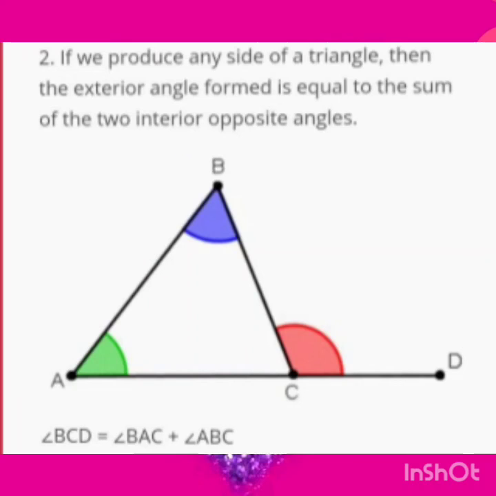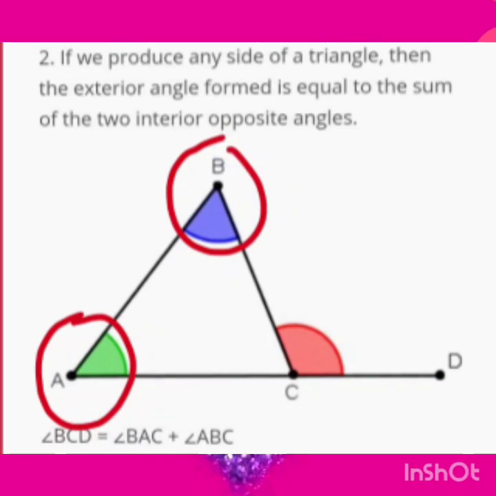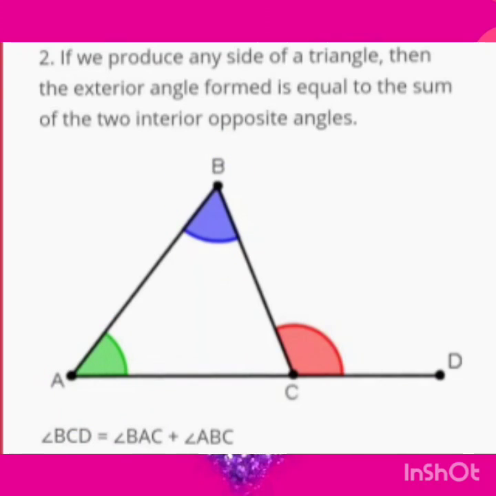You can find angle A and B, they are interior angles. And what about this C? Angle ACD is the exterior angle of triangle ABC, because D is produced from AC. Got it? D is producing some extra angle, angle BCD, that is called the exterior angle.